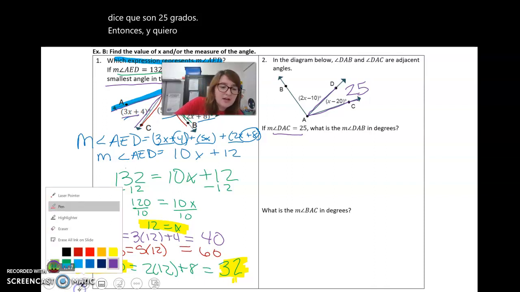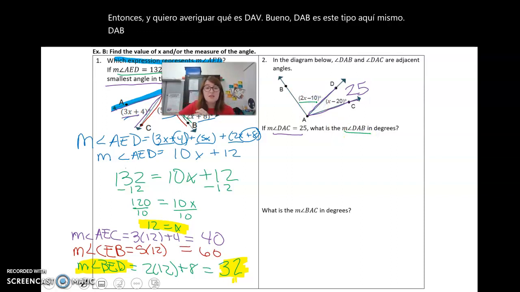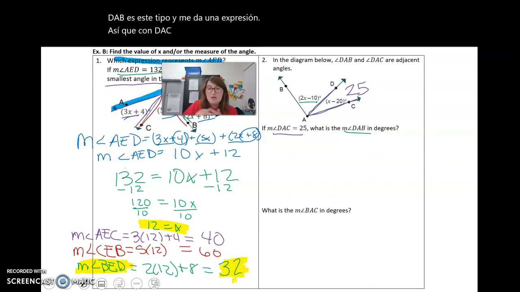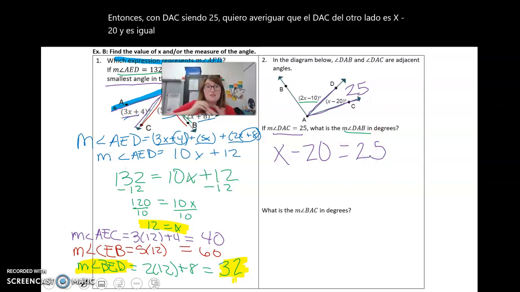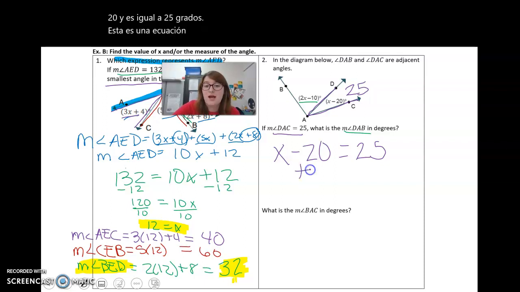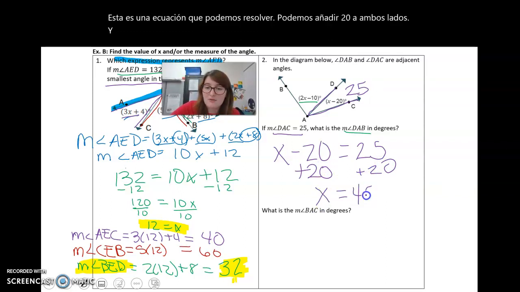Well, DAB is this guy right here, and it gives me an expression. With DAC being 25, I want to figure out the other side. Well, DAC is x minus 20, and it equals 25 degrees. This is an equation that we can solve. We can add 20 to both sides, and we get x equals 45.